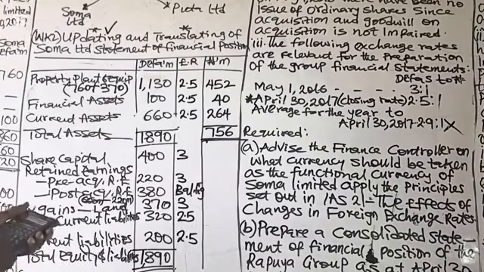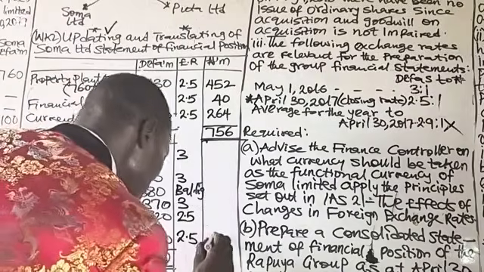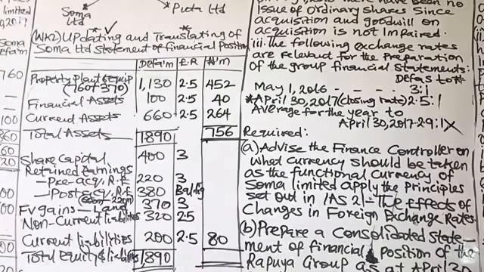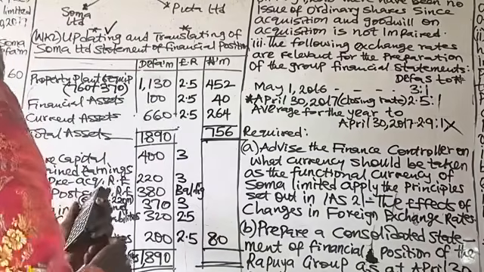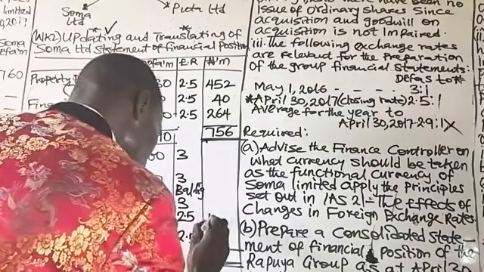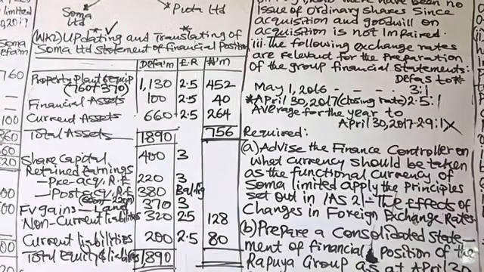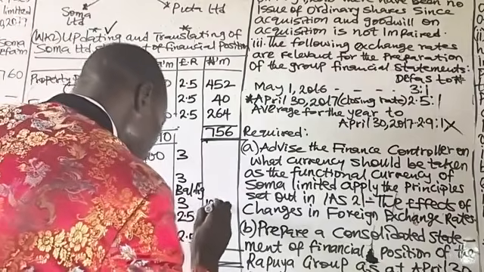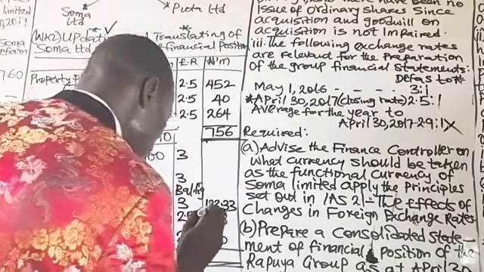Now, 200 divided by 2.5, that gives us 80. Then we have 320 divided by 2.5, that gives us 128. Then we have 370 divided by 3, 123.33.